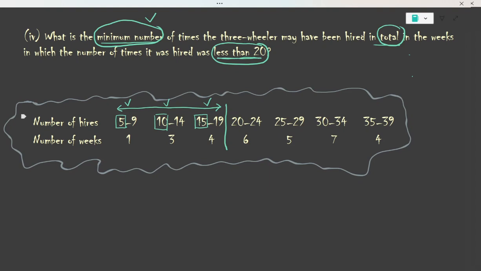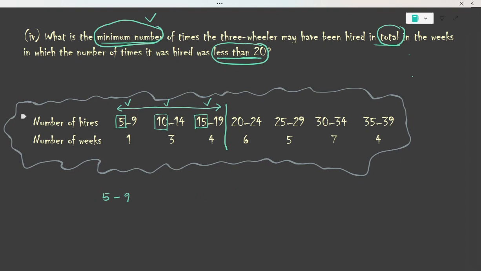Okay, so what we have to do is consider that from each of these classes a minimum number of hires was taken, and from each class we get the total number of hires. We have 3 classes, and we have to get the total for the 3 classes. Let's consider the first class, 5 to 9.